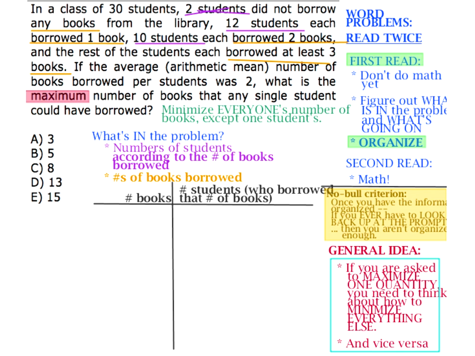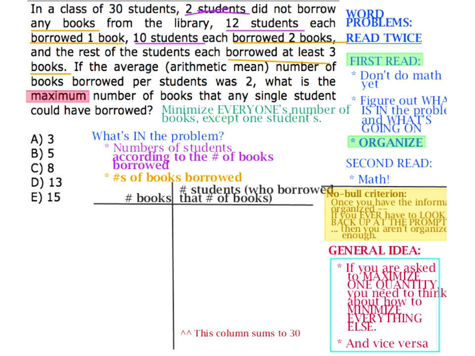We have a total class of 30, so let's note that this needs to add up to 30. Obviously, you're not going to write that complete sentence on your paper. You're not going to write, this column sums to 30, too many words. But you want to write something, like sum equals 30, that you're going to understand.